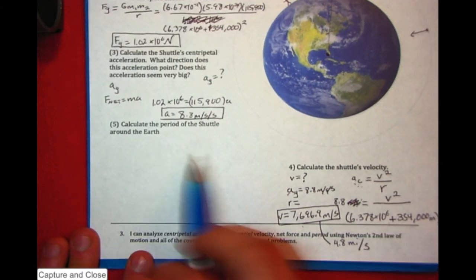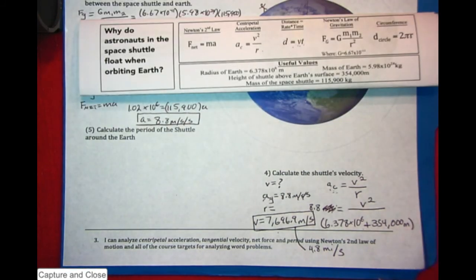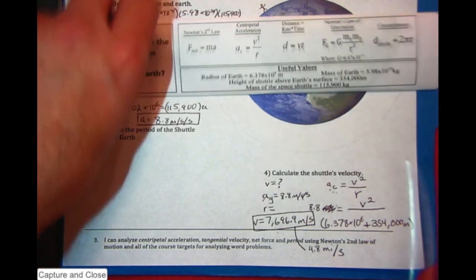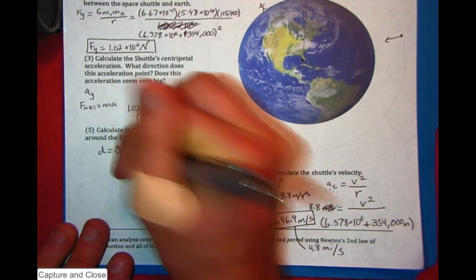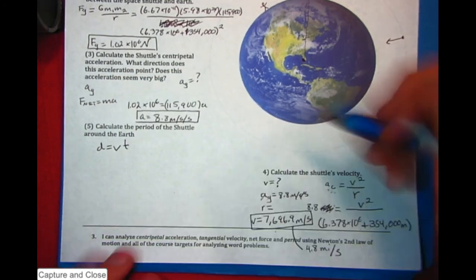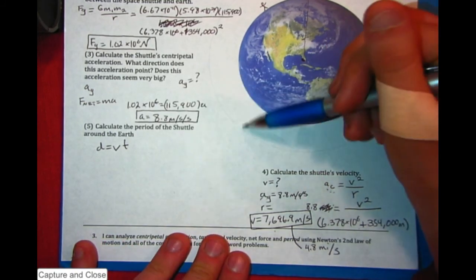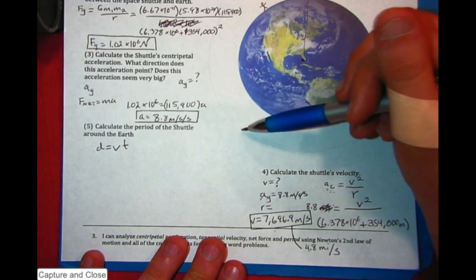So calculate the period of the space shuttle around the Earth. Looking at our equations, the only equation with time is distance equals velocity times time. Remember that this is our constant motion equation. Even though our velocity is changing because the direction is changing, our space shuttle, or whatever object is in circular motion, is still going at a constant speed.